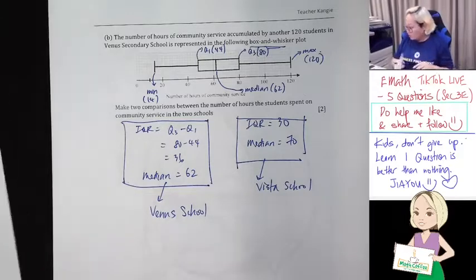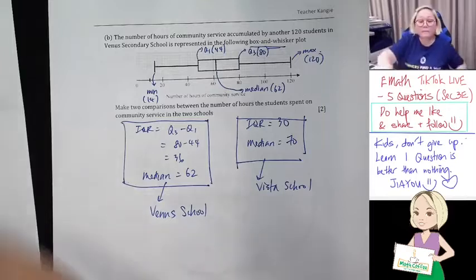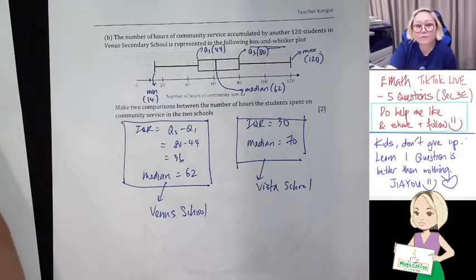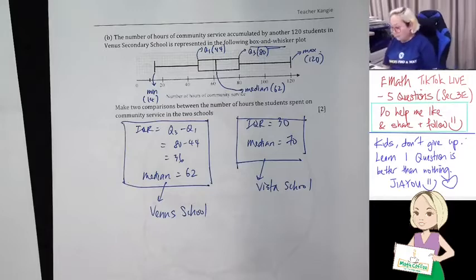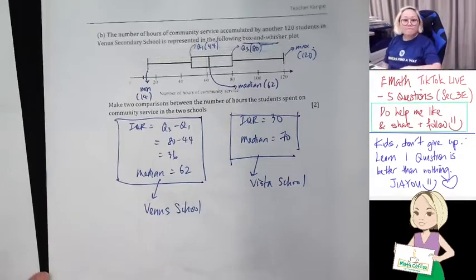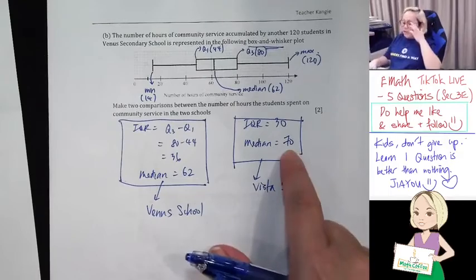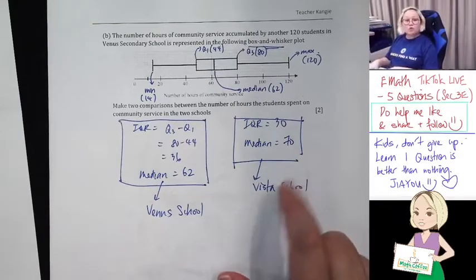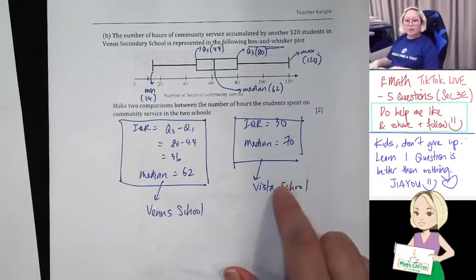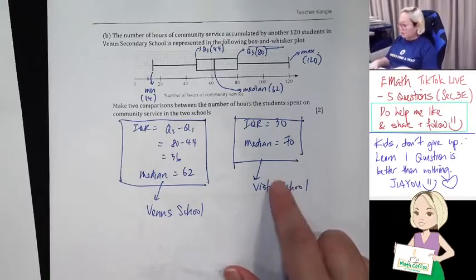So how do you do this question? How do you explain? By looking at the median, you will know that students from Vista School actually spend more hours on community service, as the median hours is higher.